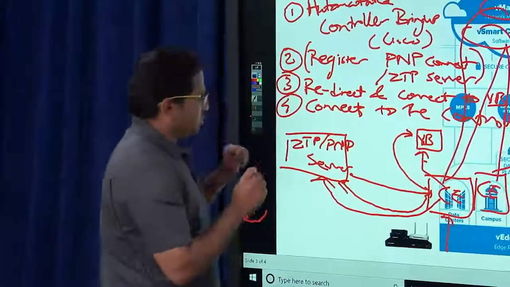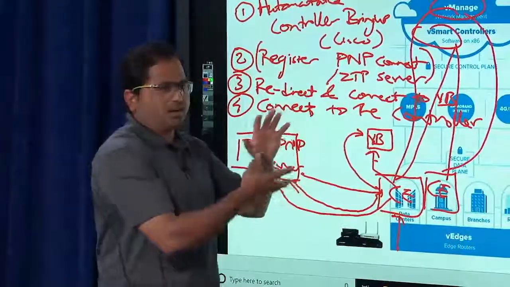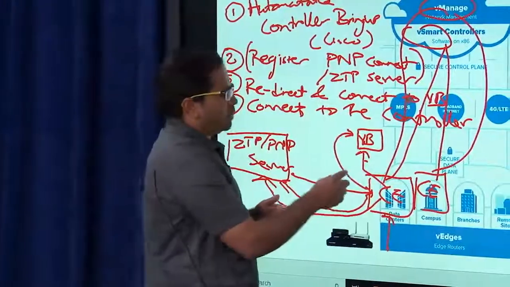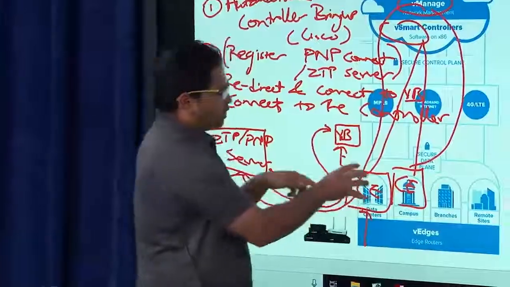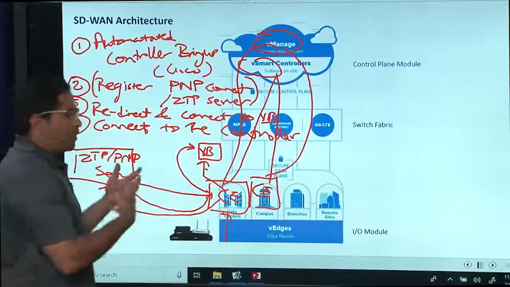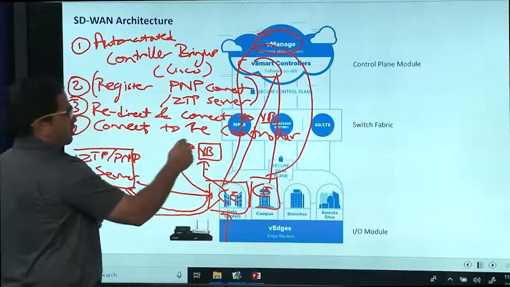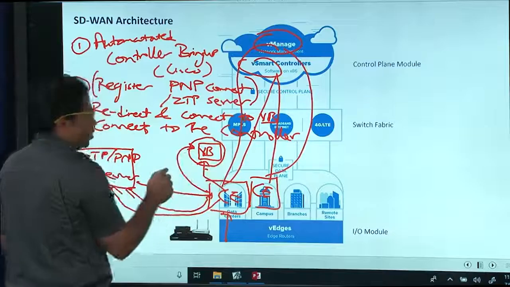So the first half is, this is split open into the internet. So what it means is even getting to the edge devices means getting past NAT boxes, firewalls, etc. So that's the additional functionality of the vBond.